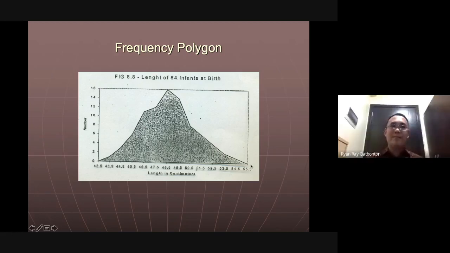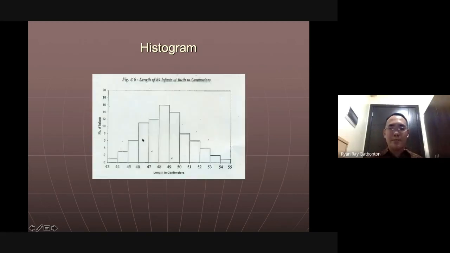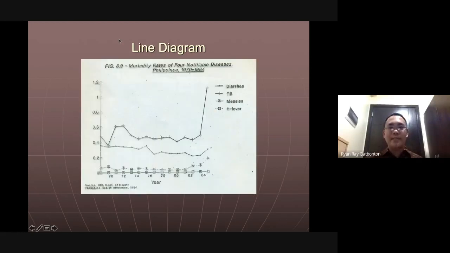Because a histogram is all squares, all bars, but a frequency polygon is like a histogram where the trend is outlined in such a way that it forms a polygon. So this is your histogram. And this is a line diagram which shows the trend of your data, an upward or downward trend, and the spike, over a course of time.